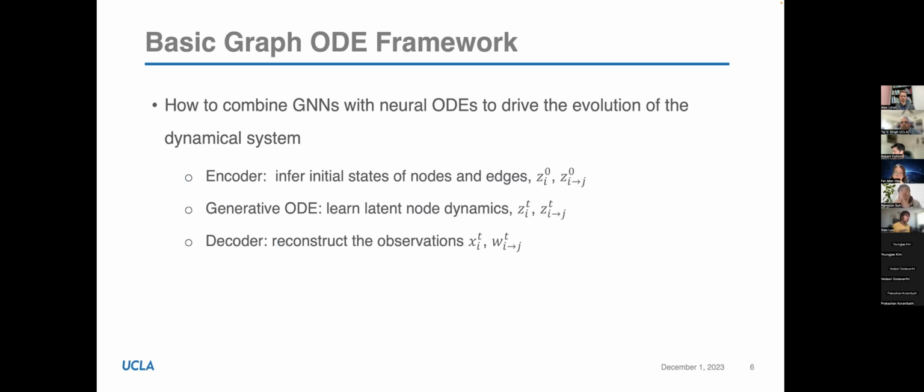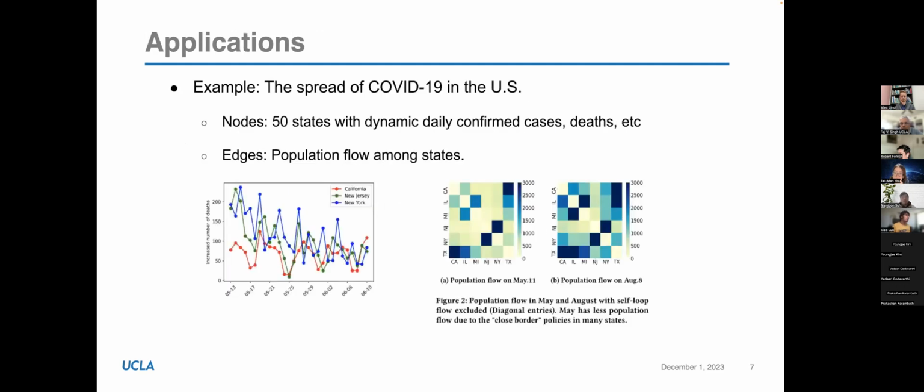And finally, we will use the decoder to reconstruct the observation x_i. We need some type of output, and we will use a decoder to output that. It's our basic framework to use graph ODE for modeling dynamic systems.